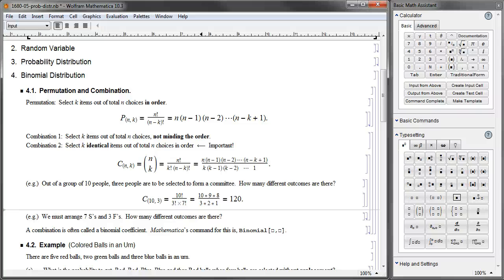Now let's consider another aspect of a combination or binomial coefficient, which is identical. The second idea, selecting k identical items. We must arrange 7 S's and 3 F's. How many different outcomes are there? S for success, F for failure.